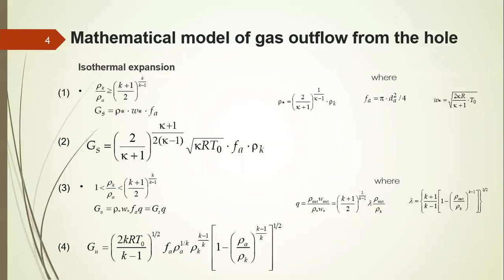The hole acts as a critical cross section for the flow. A diverging jet with supersonic speed is formed behind it in the atmosphere, with atmospheric pressure at the jet boundary. Accordingly, the parameters take critical values in the hole itself.